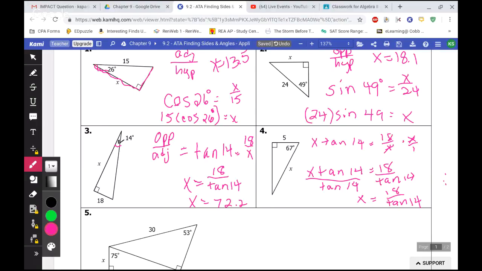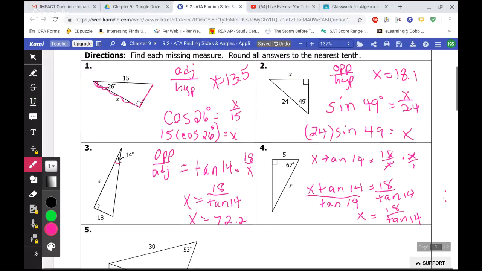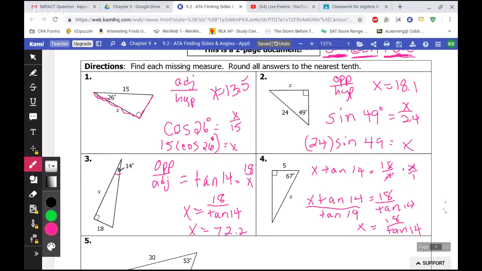I don't know if that will help it stick for you, but like up here on number 2, when x was in the numerator, we were multiplying both sides by 24 to get rid of the 24. And that's how the 24 ended up over there.